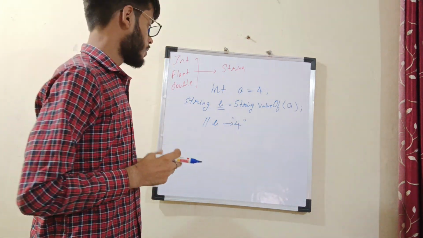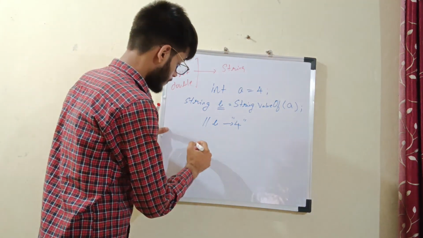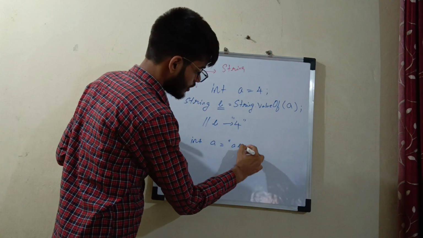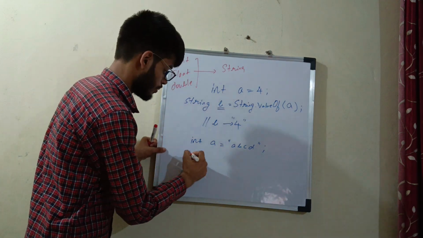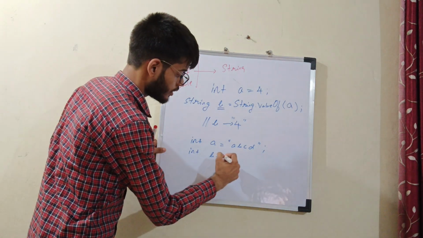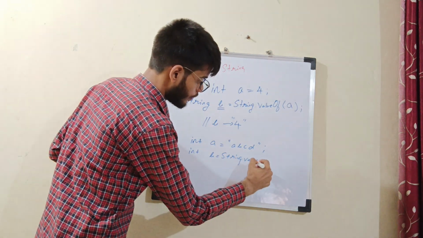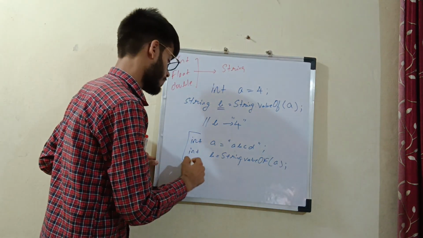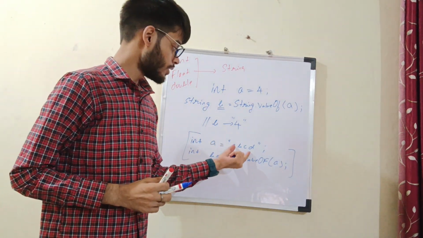Cool. So can you do this conversion the other way? Like if you say string a equals to abcd, and you're trying to convert it to int. So if you're trying something like this, b is equals to integer of a, this is going to give you number format exception. You can't do this conversion as this is a string.